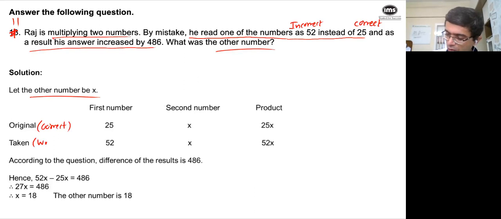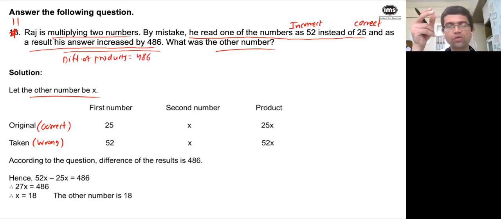The incorrect one was 52 into x. As a result, the answer increased by 486. That means the difference between the two products should be 486.